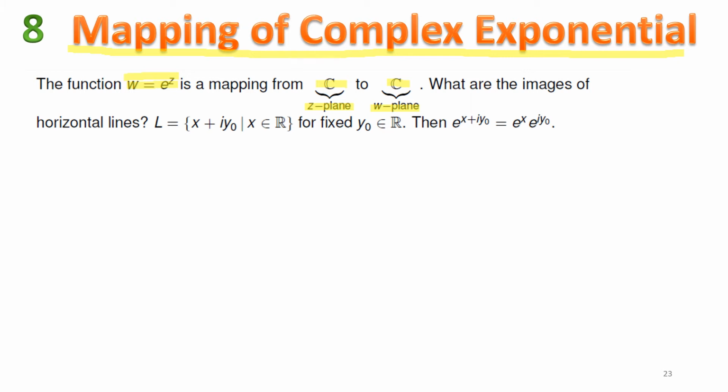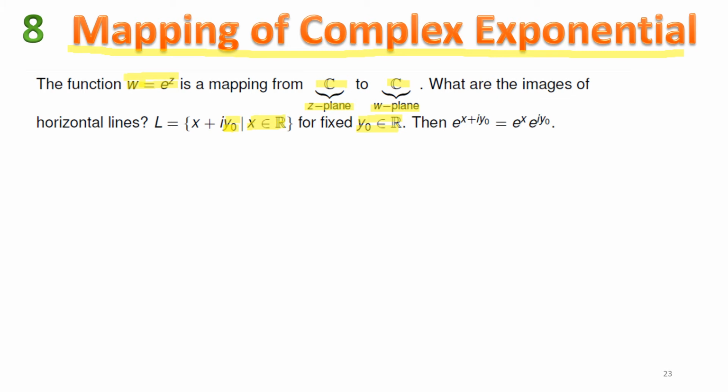How do we designate horizontal lines? Horizontal lines we are representing by L equal to x plus i y0. Here y0 is fixed, y0 is not changing. So only x can roll from minus infinity to plus infinity. So x is changing from minus infinity to plus infinity, and y0 remains constant. So we are considering the locus of points which are parallel to the x-axis, and here x and y0 are real numbers, but y0 is fixed.